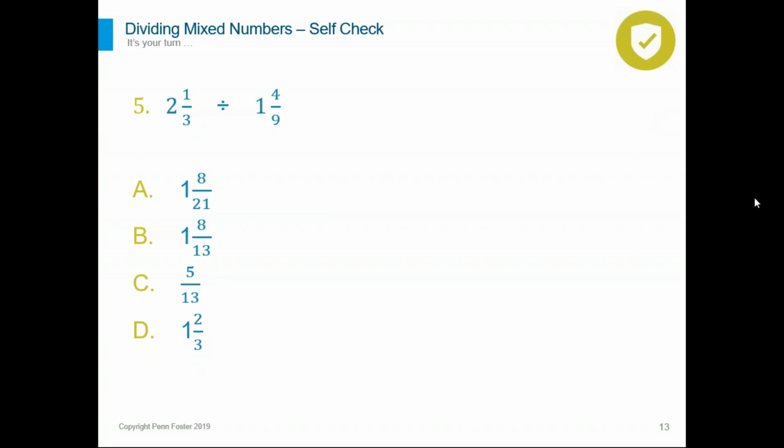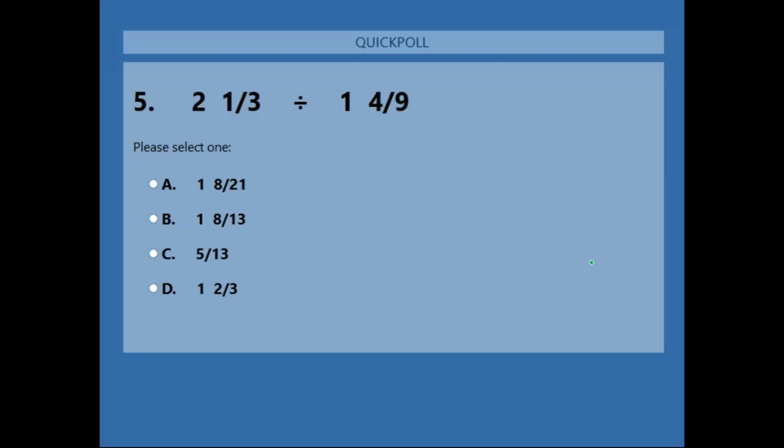Okay, here is the question. Again, you're able to share your answer. What is the quotient of 2 and 1/3 divided by 1 and 4/9? Both are mixed numbers. We have division, and we remember that we cannot use the mixed numbers as is. We have to change them to improper fractions.